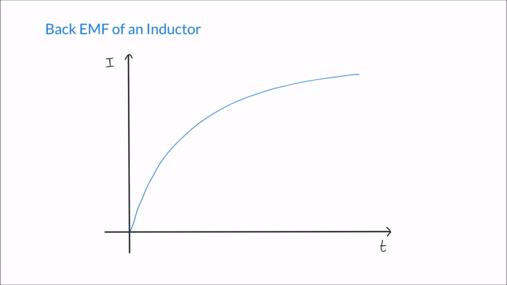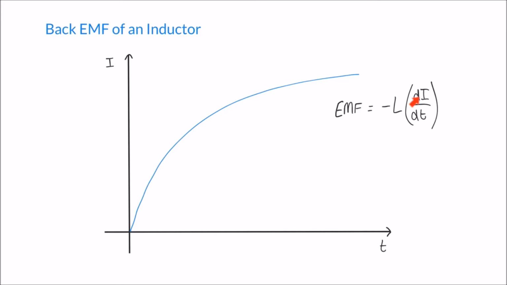One thing we're going to do in this video is try and calculate back EMF, and we can do that by using the formula EMF equals minus L di by dt. Let's have a look at what some of the terms in this formula mean. We know that L represents inductance.